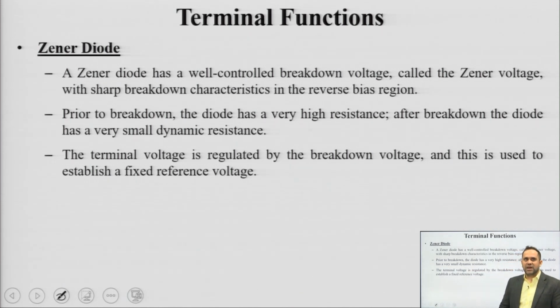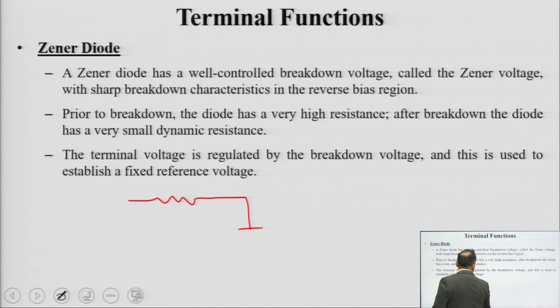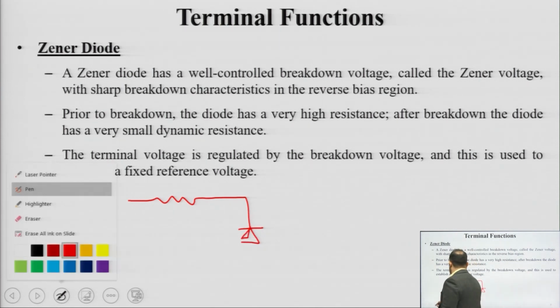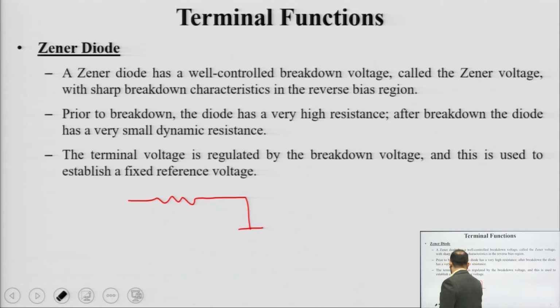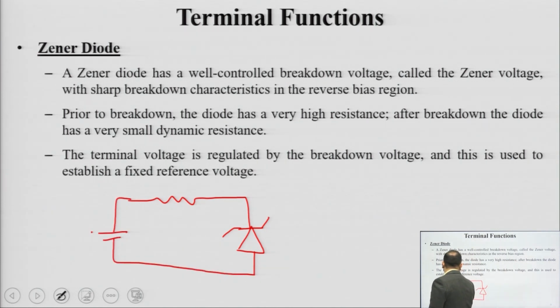So, this Zener diode, if you connect it in a circuit similar to this, okay, this is the symbol of a Zener diode. So, if you apply positive to the N side and negative to the P side, this is a series resistance.